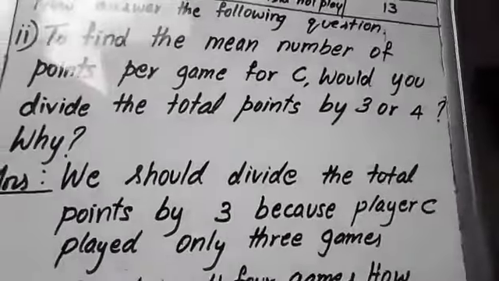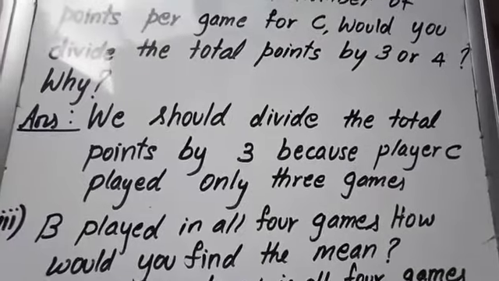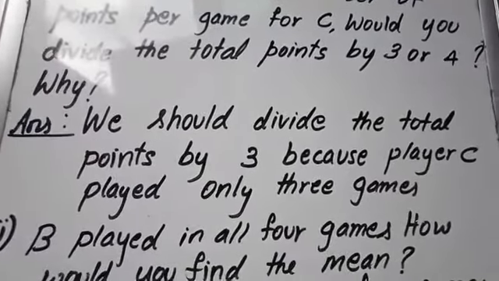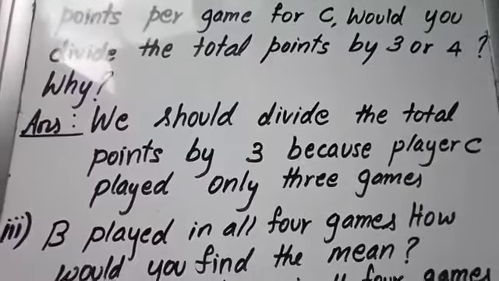Now the next question, the third one: B played in all 4 games. How would you find the mean? If he has played all the games, then we have to find the sum.